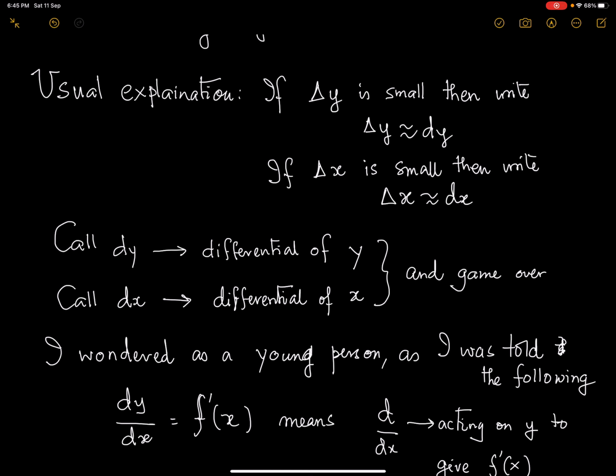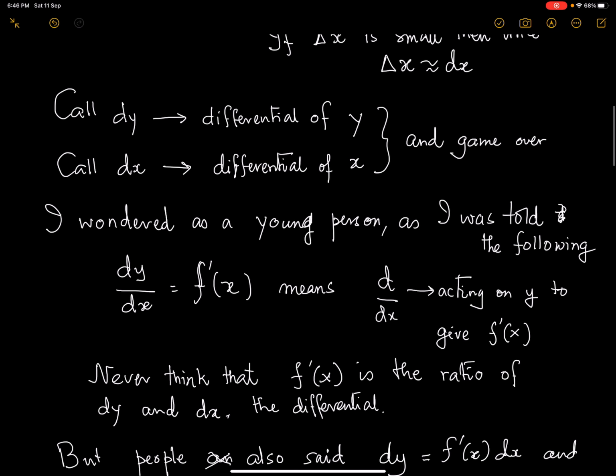At the same time, we always say that dy/dx equals f dash x. This is our way of saying it, and this has been there for hundreds of years. But I was told in my college and even in my high school days, never think that dy by dx is the ratio of the quantities dy and dx, because dy is actually delta y, dx is actually delta x.